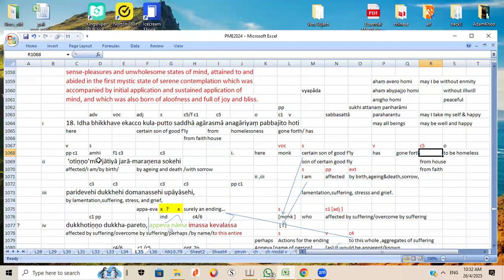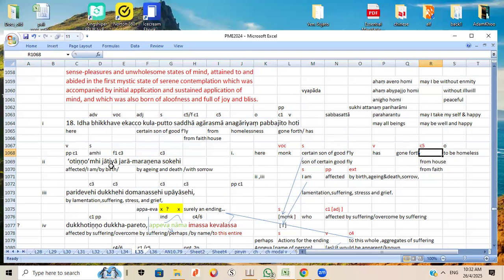No, this one is he. So he here, so that we start a new line here. He, I am. I put this because I am affected. This is a past participle. I'm affected. Can you see this?